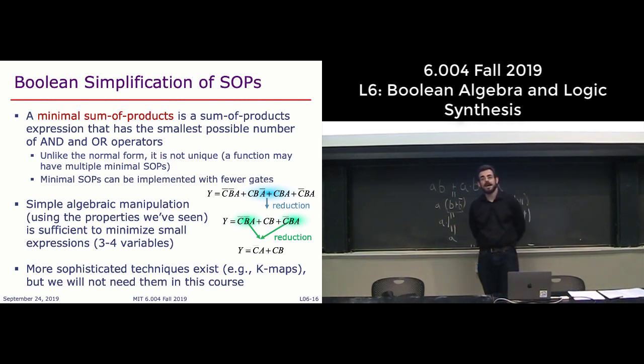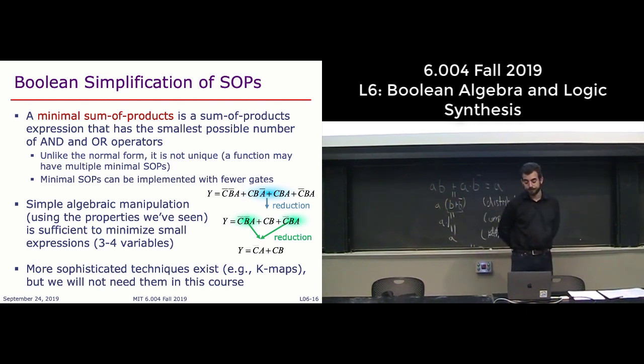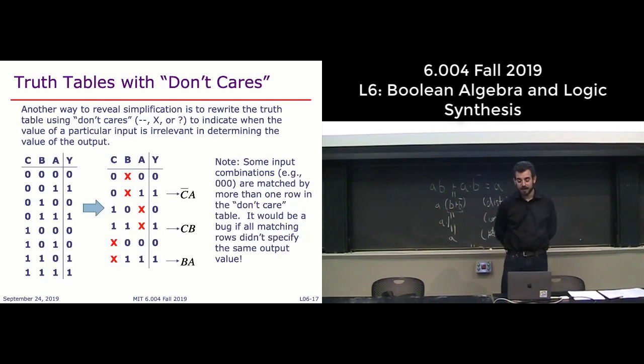And the contract here is that the expressions that we're going to give you are always going to be able to be simplified into a minimal sum of products just by repeatedly applying the formulas that we've seen, right? The properties that we've seen. So, there are other optimization techniques that are more complex. We're not going to see them here, and we'll see why not in a couple of slides.